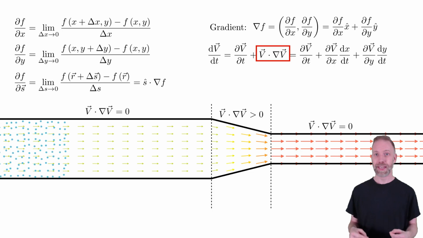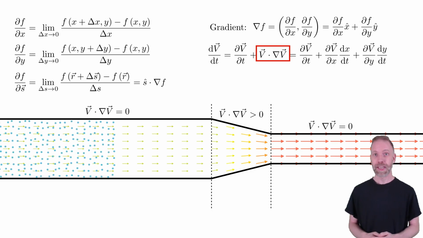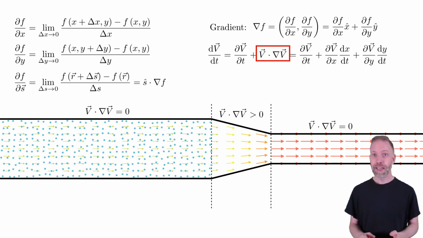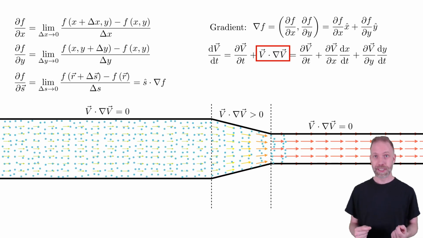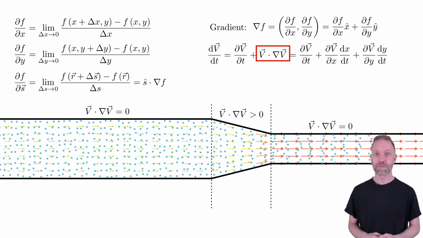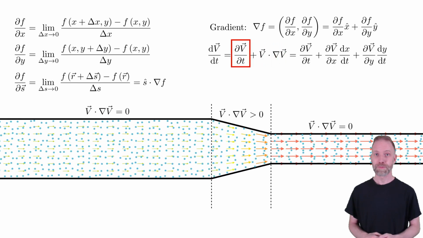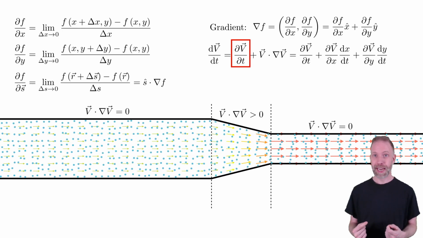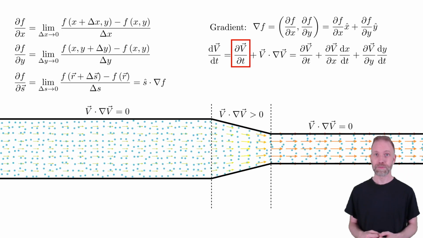This is easier to see if we add the particles. They start moving at a constant speed. When they reach the contraction, they accelerate and then continue with constant speed after. Let's also look at the partial derivative term, which in fluid mechanics is called local acceleration.